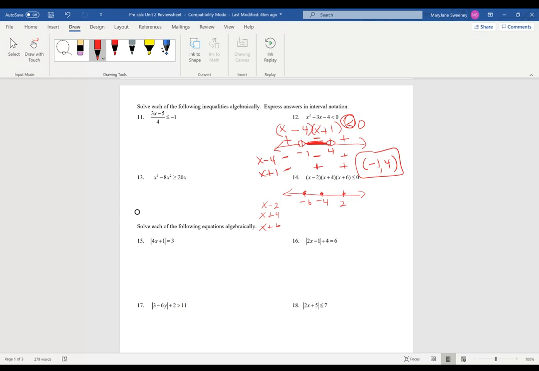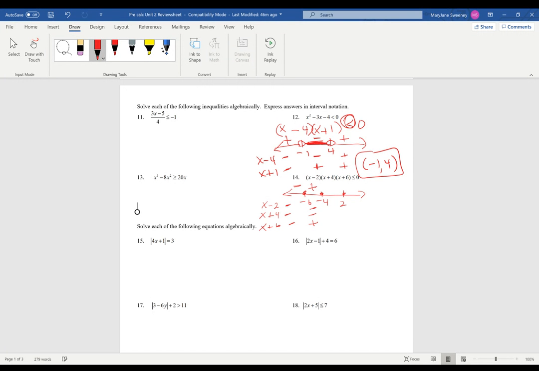So I pick a number to the left of -6, like -7. That would make that negative, negative, negative, which is overall negative. In between -4 and -6, I pick -5. That would be negative, -5. This would be negative, -5. The third factor would be positive, because -5 plus 6 is a positive.